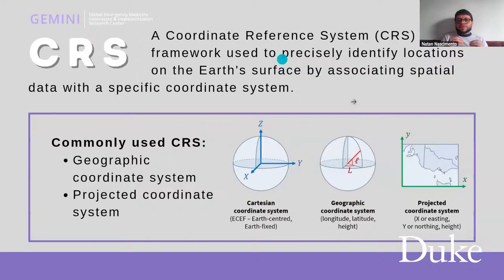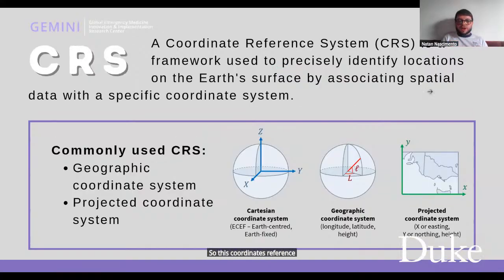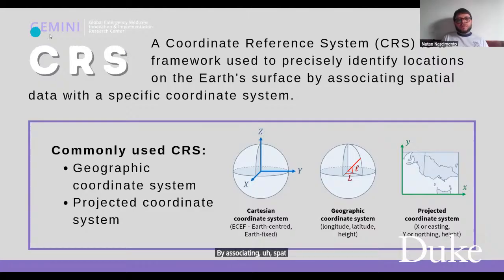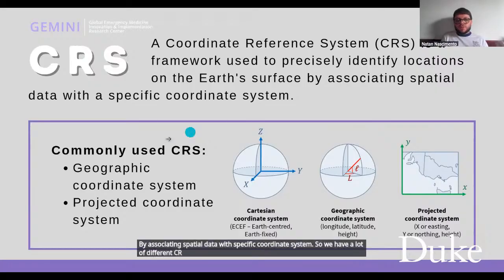These coordinate reference systems, CRS, are used to precisely identify location on the Earth's surface by associating spatial data with a specific coordinate system. So we have a lot of different CRS. The most common ones are the geographic and the projected.